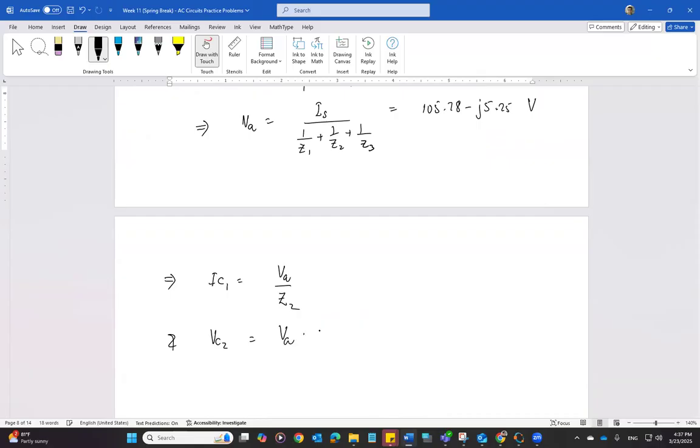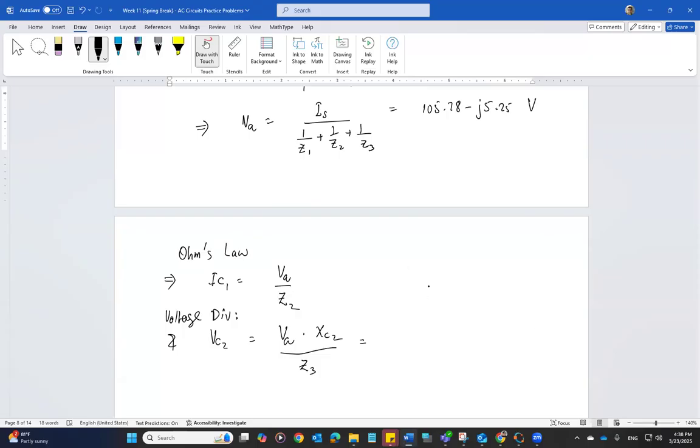VA times XC2 over Z3. And this is my voltage division, which is simply ohms.